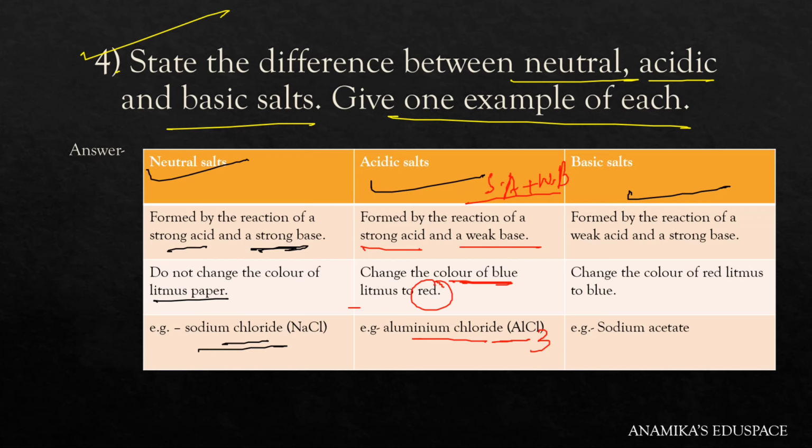Next, basic salt, formed by the reaction of a weak acid and a strong base. It changes the color of the red litmus paper to blue. Clear? And the example is sodium acetate. Clear, students? So this was all about question number 4.